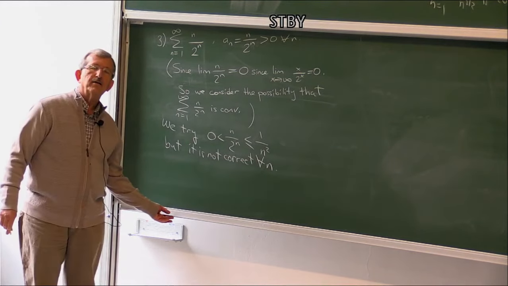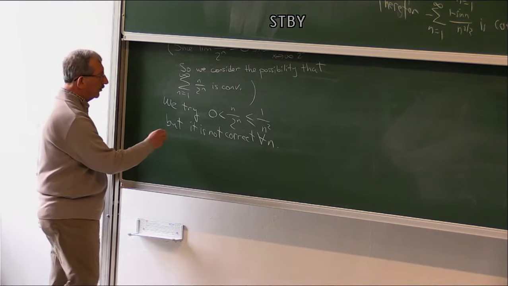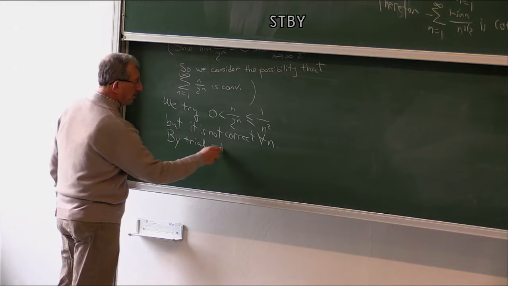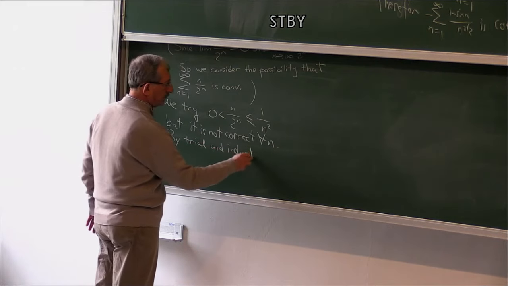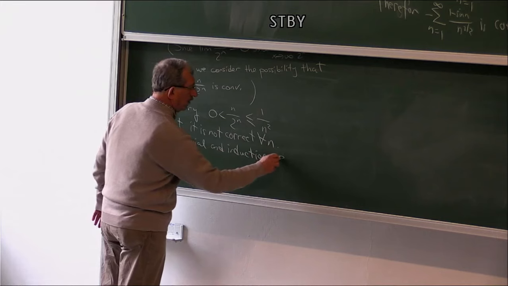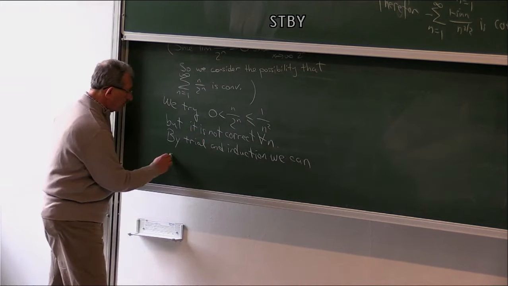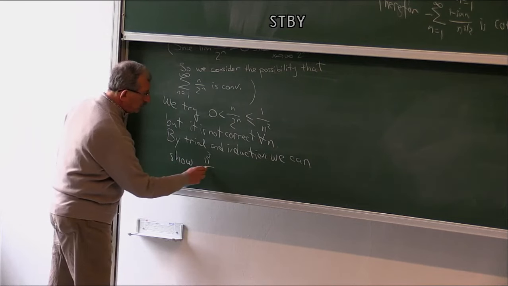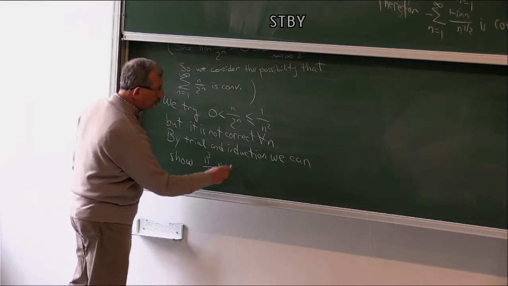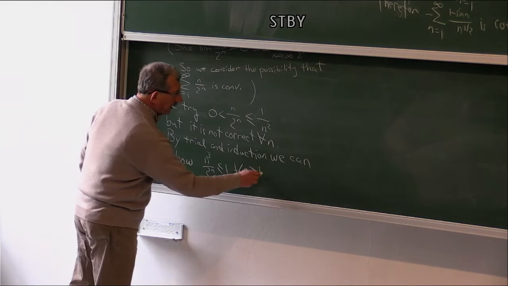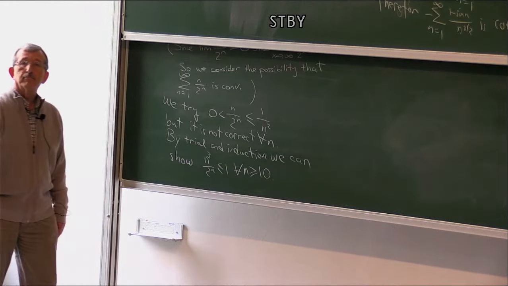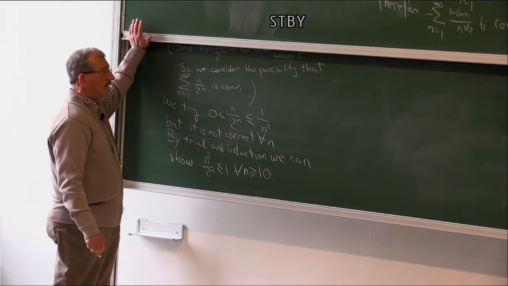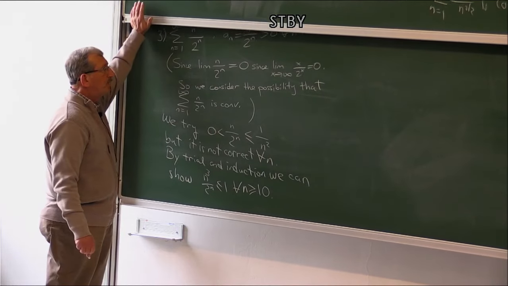By trial and induction, we can show that n cubed over 2 to the n is less than or equal to 1 for every n after 10. As I said, it is by trial.